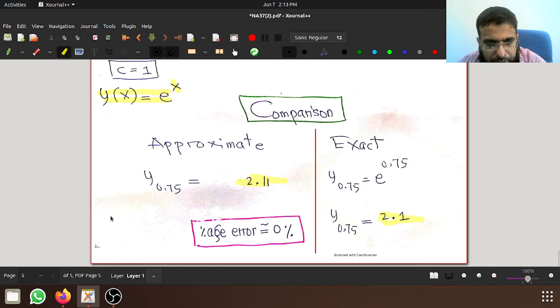Based on this analysis, the analysis presented in this example, I have written a Python code for you, and you will be required to play with that code.